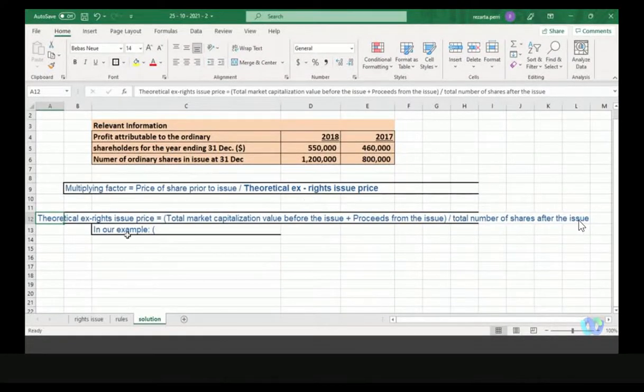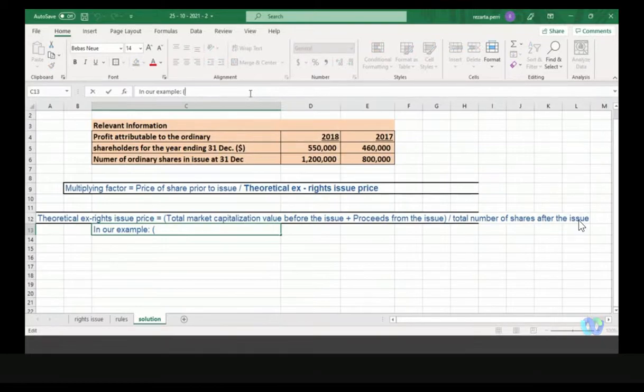So in our example, what are the values that I'm going to take into consideration? The total market capitalization value before the issue, that is, how much our shares are worth in the market. Remember that before issuing the rights by mid 2018, we have 800,000 shares in the market, and each of them was priced at $3.